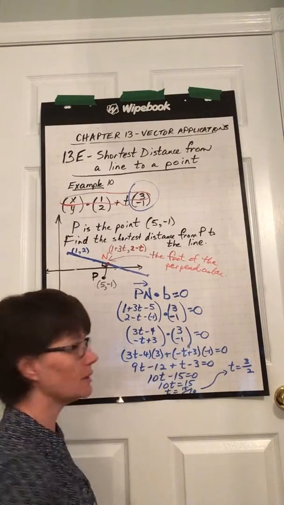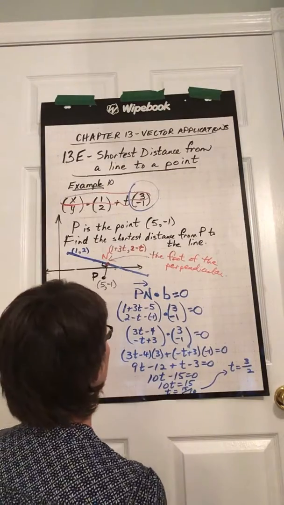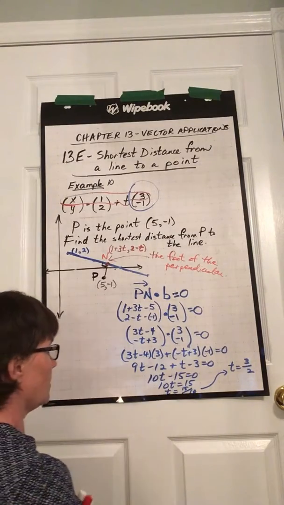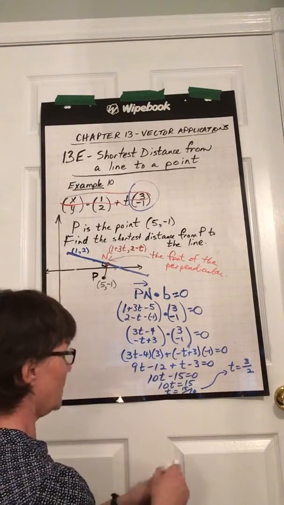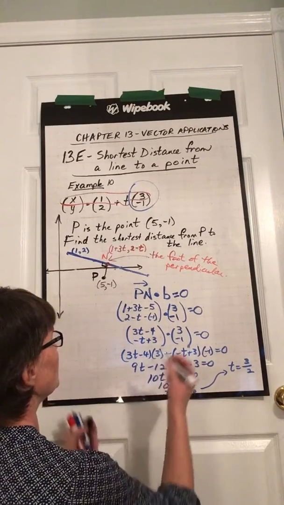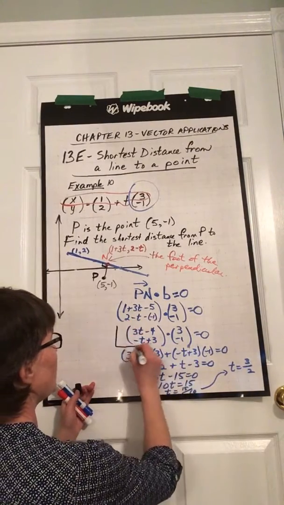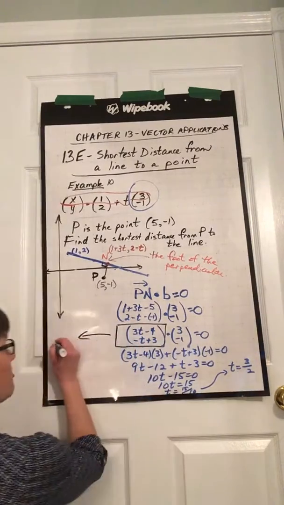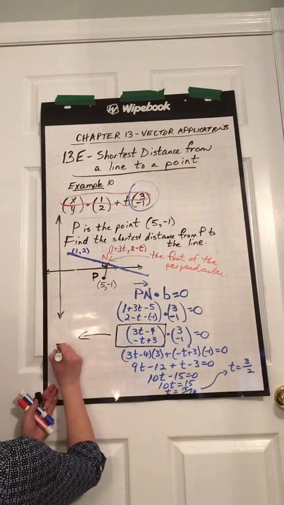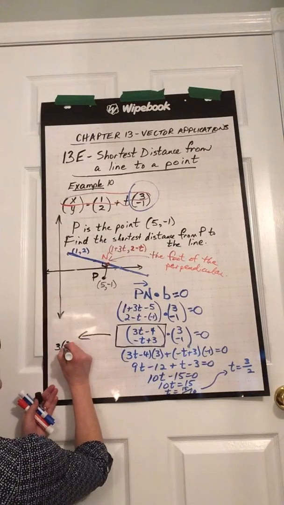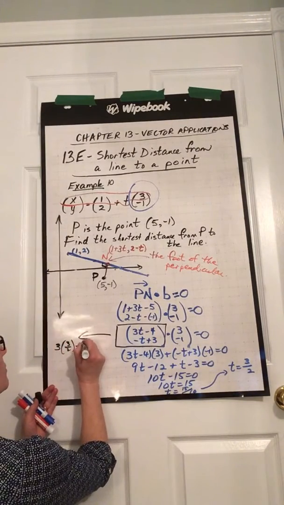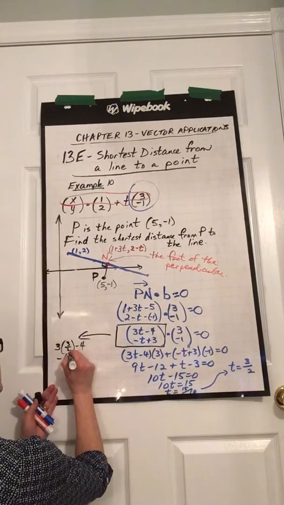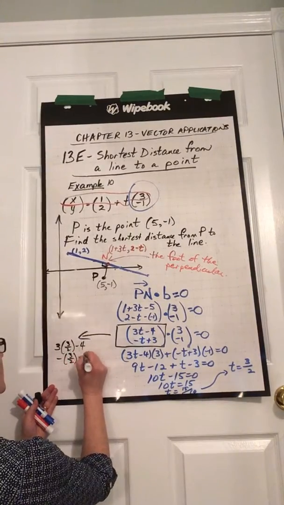Now we know t is 3 over 2. We can take that back into PN, which is represented by this vector, and t is 3 over 2. So 3 over 2 times 3, minus 4, and negative 3 over 2 plus 3.